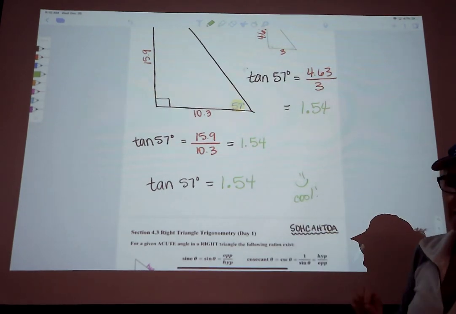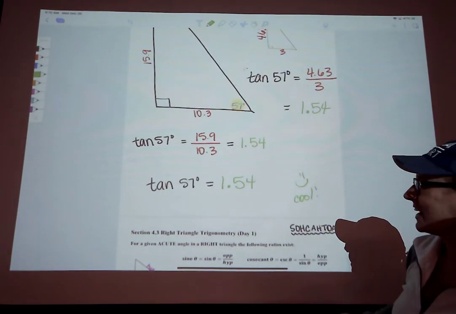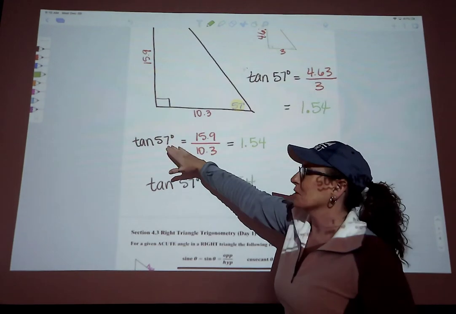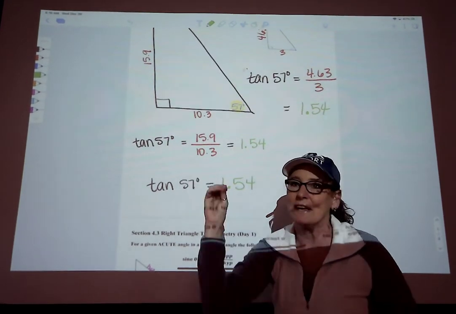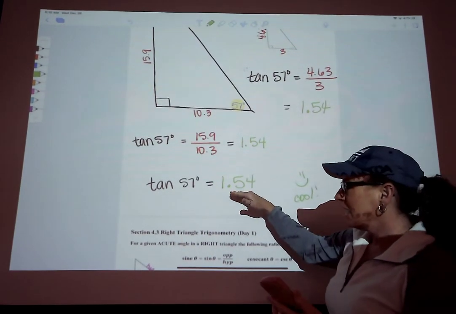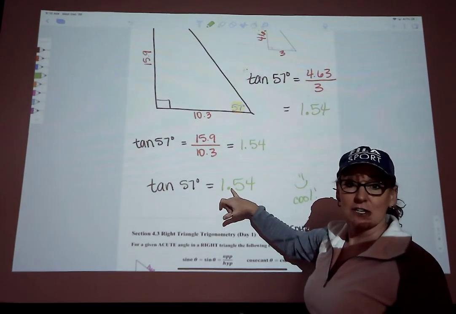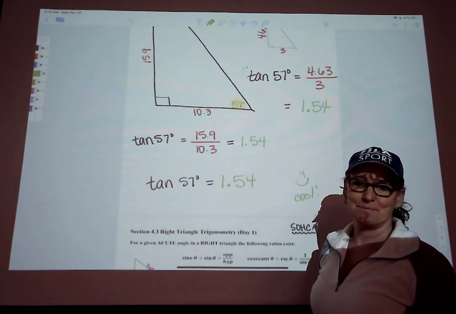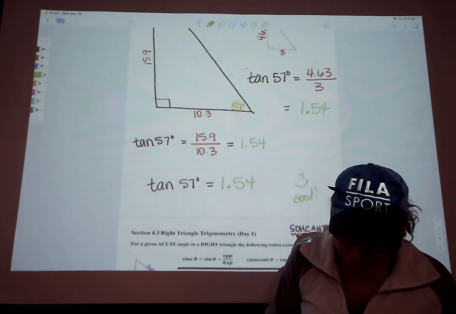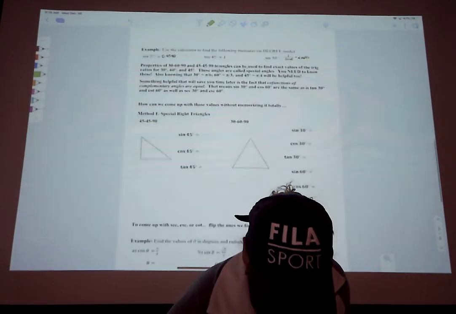You gotta admit, that's kind of cool, right? Opposite and adjacent for a 57-degree angle will always compare in approximately, and I had to round, this ratio. That's pretty cool.